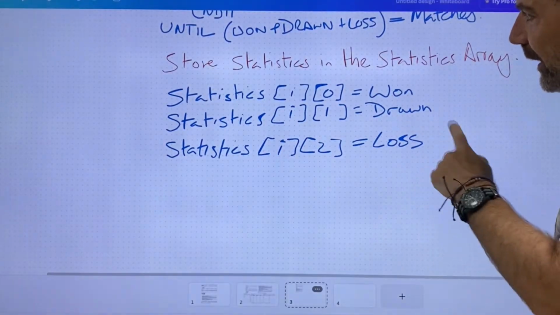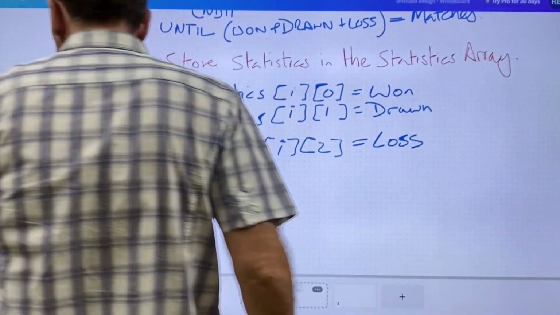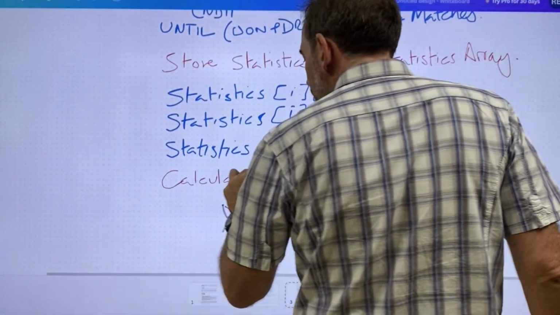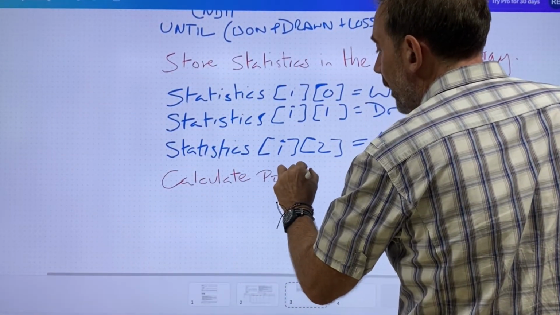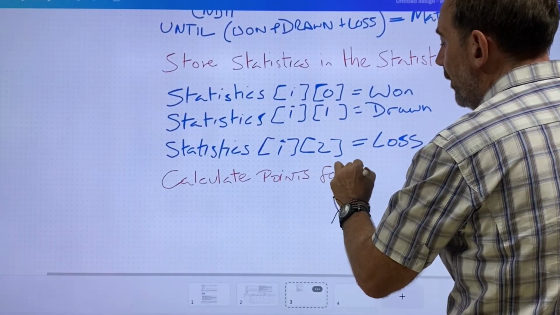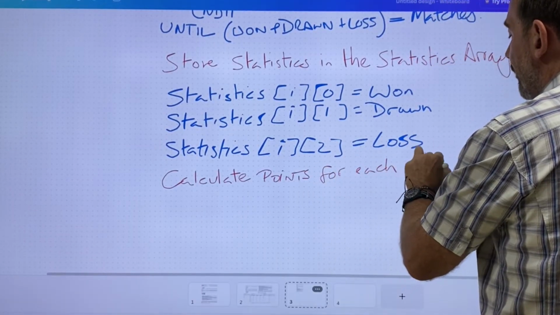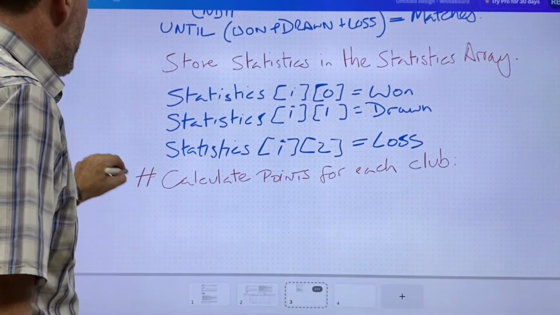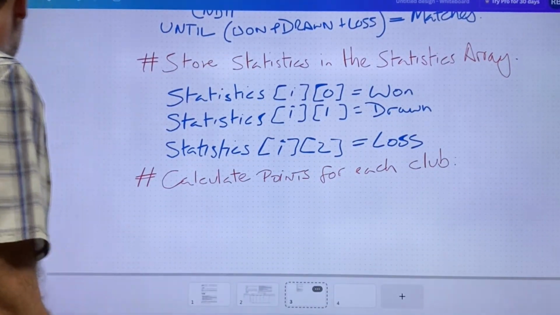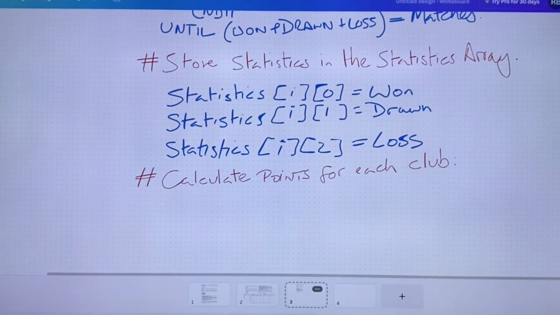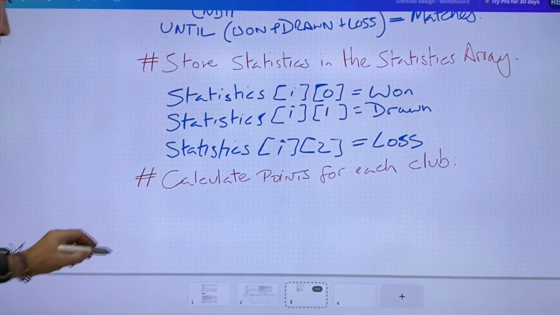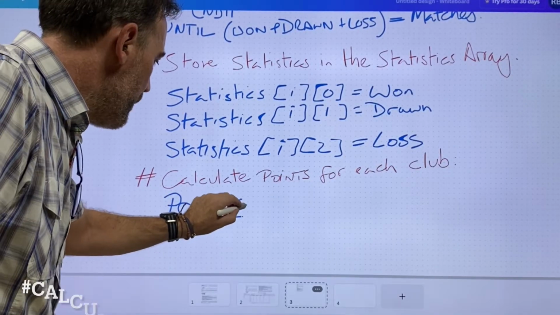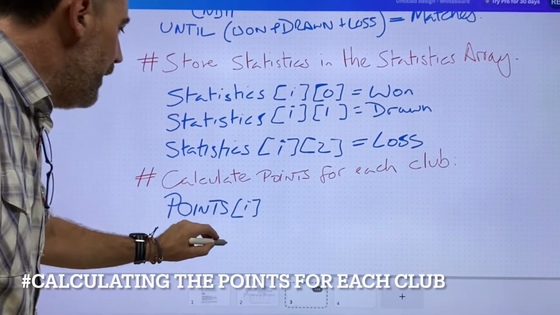So now we need to calculate points for each club. Let's do that. Calculate points array for each club. Then we need to look at the points array and the index values in there.